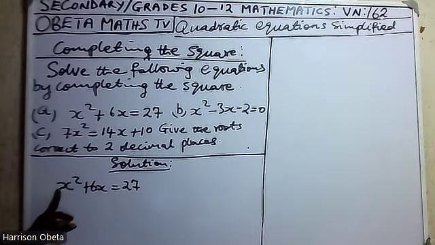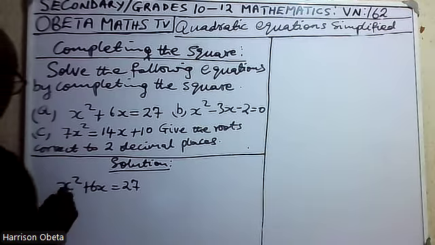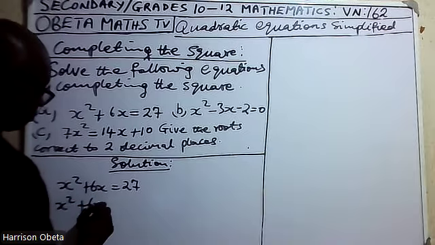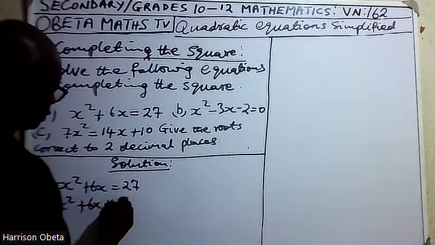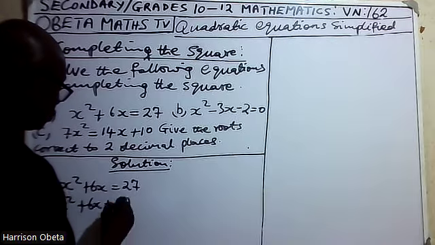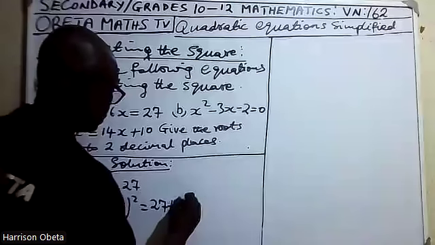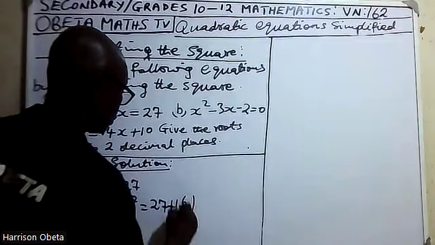So we are talking of x squared plus 6x plus 6 over 2 squared equal to 27 plus 6 over 2 squared.